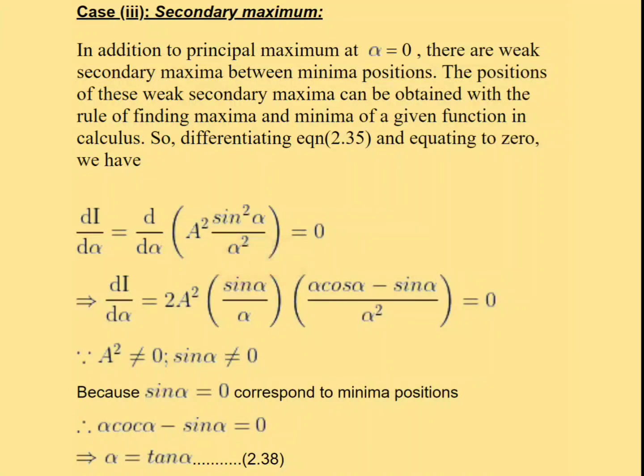Now differentiation with respect to alpha. As we know the differentiation formula for u by v: v into du minus u into dv. So u square, that is alpha square, next to v, that is alpha, and next to du, that is sin alpha, differentiation is cos alpha, minus sin alpha, that is u into dv, that means alpha differentiation is 1.